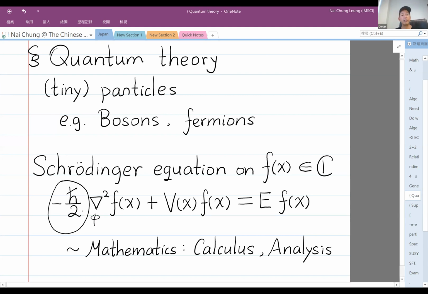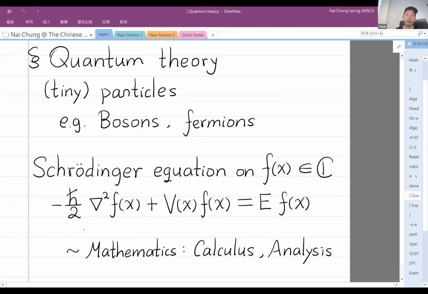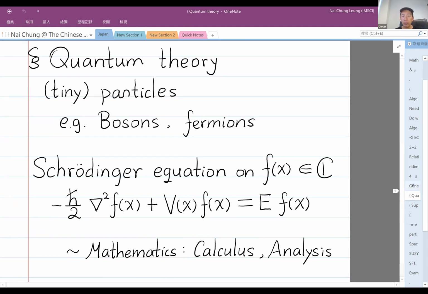So this is the second derivative, like a process of the function f. And then V is the potential function, and E is the energy. Okay. And this equation has driven a lot of development in modern mathematics, including a lot of analysis, calculus, and so on. But the point I was making earlier is both the relativity that you can see here.